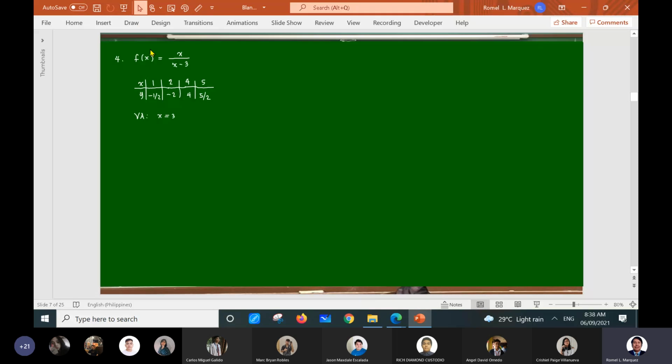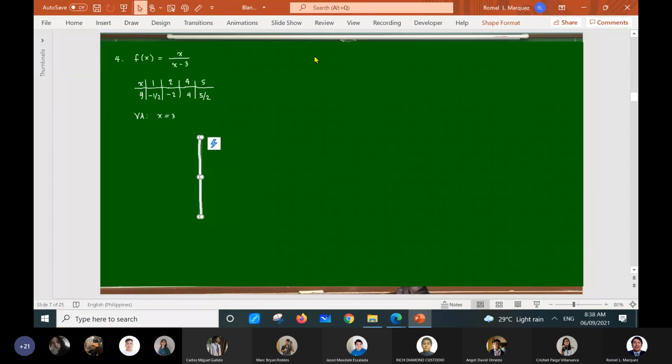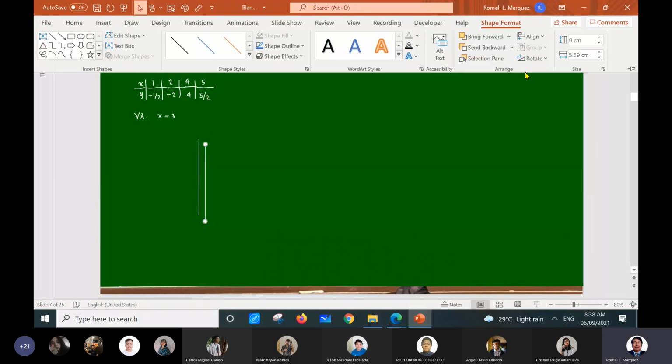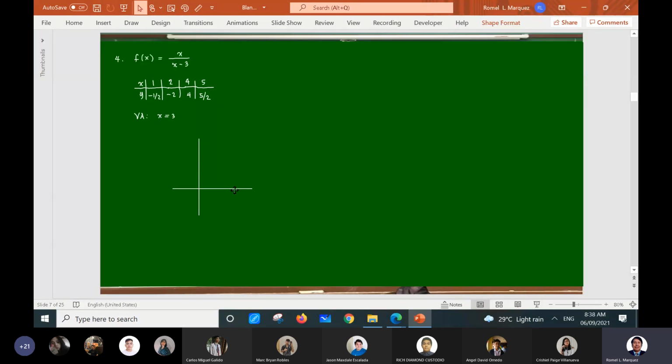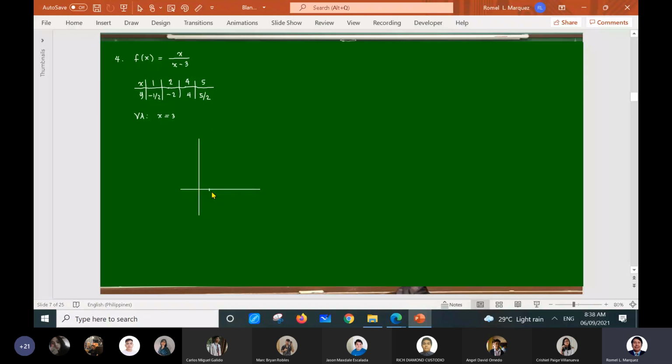So we now draw again. Well, let's make it straight. Copy. Then rotate. Our vertical asymptote is at where? X equals 3, no? So let's say this is 1, 2, 3.